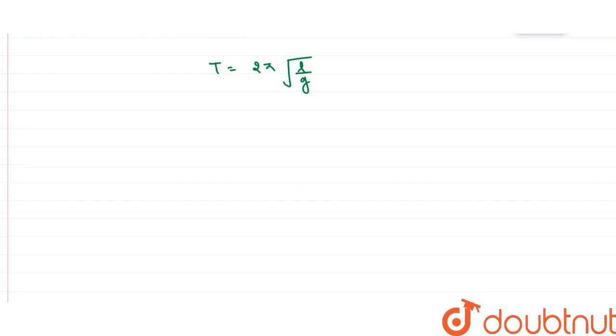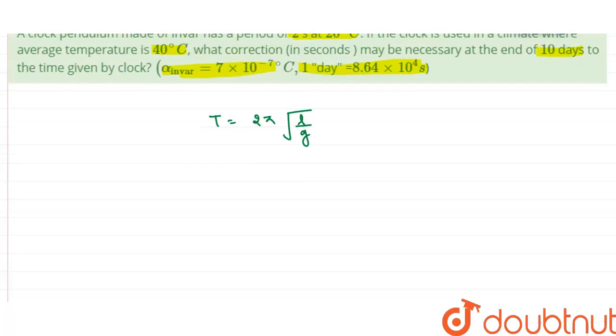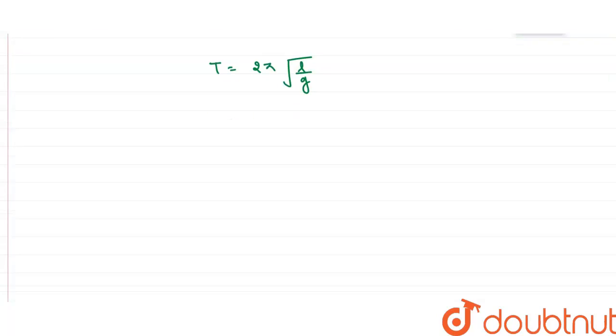That means linear expansion takes place, and because of that, length is changing. So if I write T at 20 degrees centigrade, and T dash at 40 degrees centigrade, then it will be 2 pi under root L dash upon G. This is for 40 degrees centigrade.